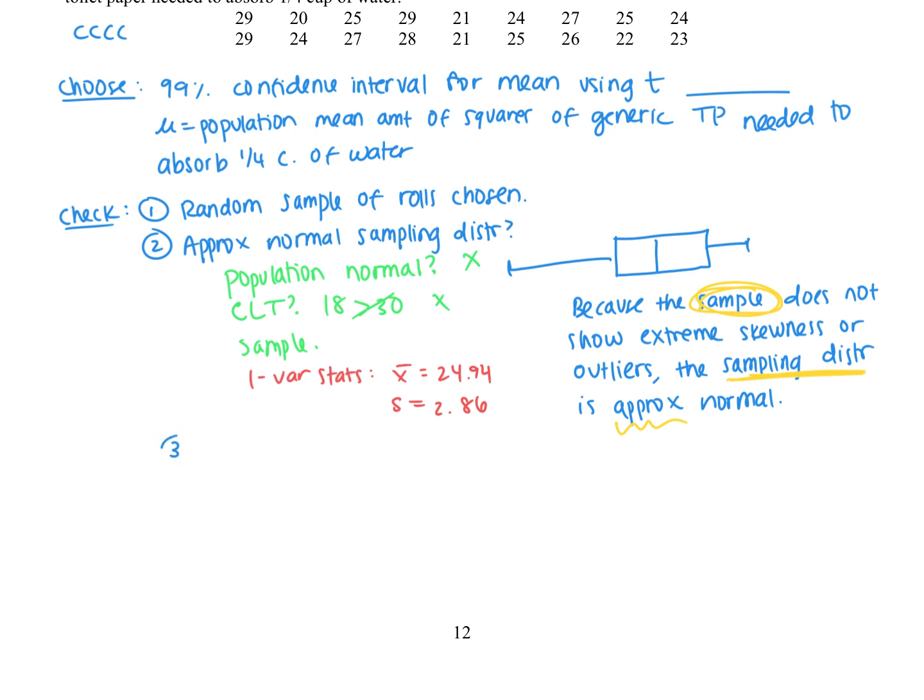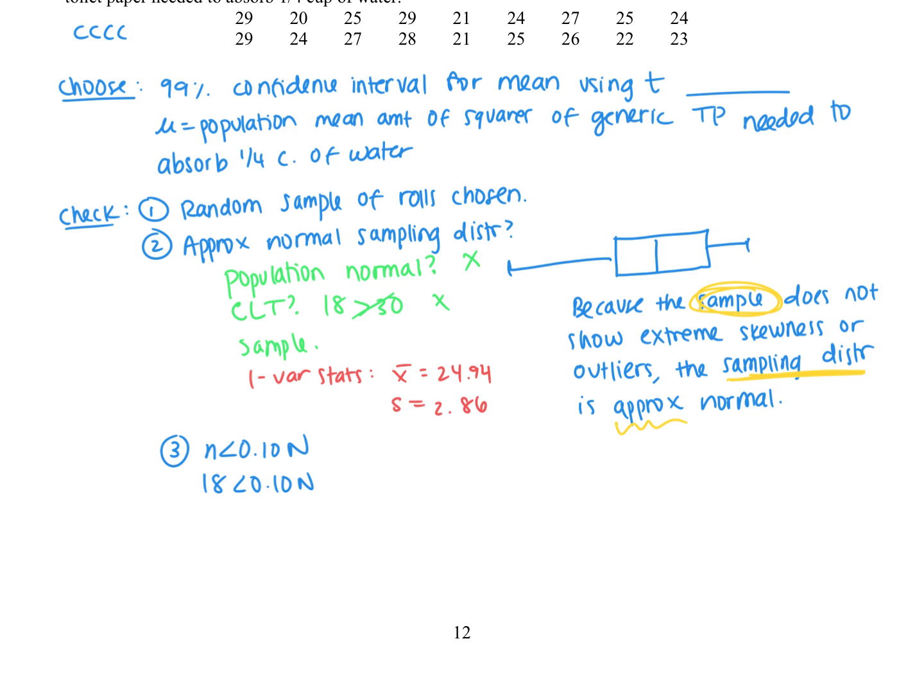Okay, third one, 10% rule. Our sample size is 18. This is one of those cases where I'm telling you, if you get the inequality wrong, don't write it. Because a lot of us are doing all of the work right, and we're writing a beautiful sentence, but we have the wrong inequality.